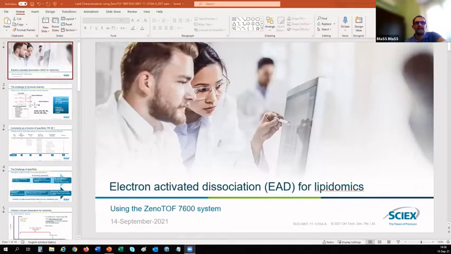And I think that Mario will speak about this new instrument today. And I guess that there are a number of people in the audience who are pretty curious about this new instrument and what can be done in the field of lipid analysis. So I leave the stage to Mario.